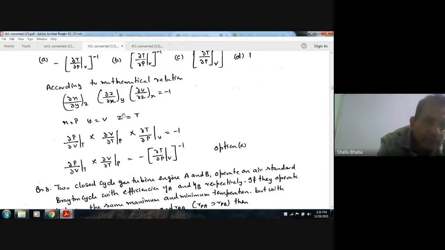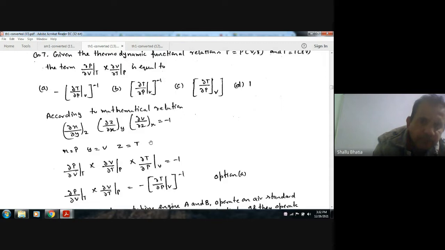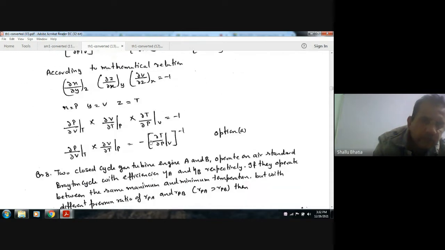Curly v by curly t, with p constant. Curly t by curly p, with v constant. So this comes to -1. So curly p by curly v into curly v by curly t at constant P is equal to the inverse of this, curly p by curly t. So answer is your option A.